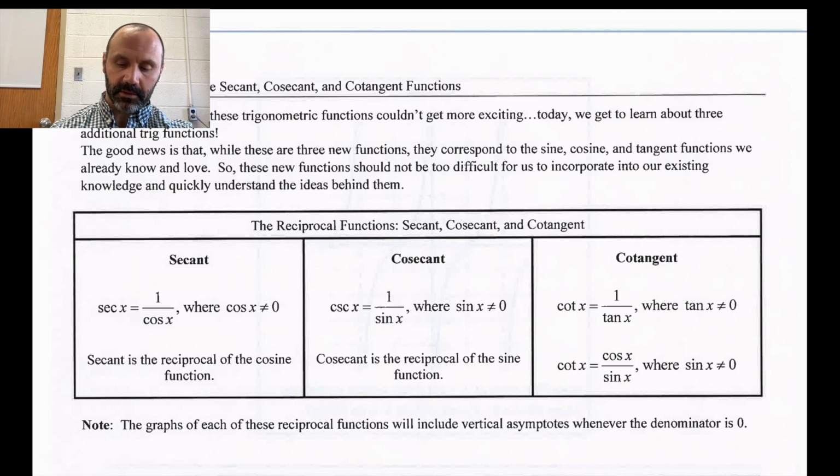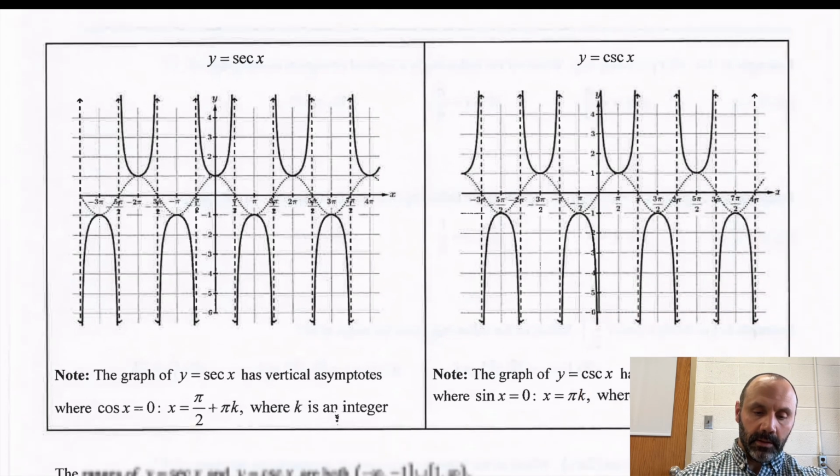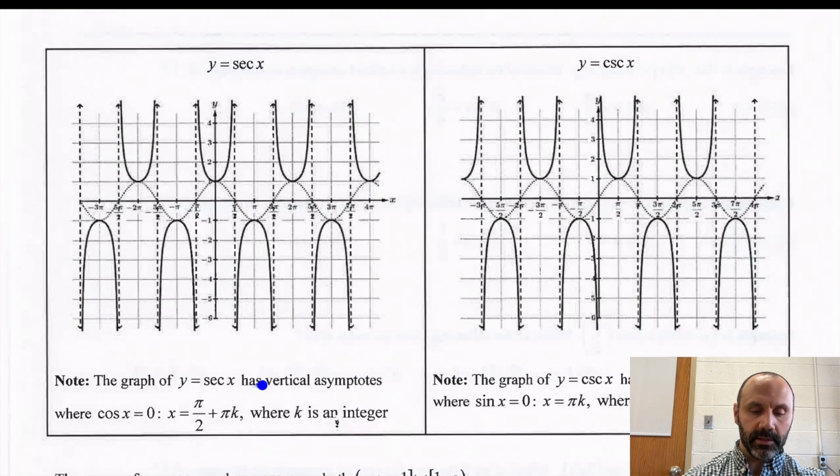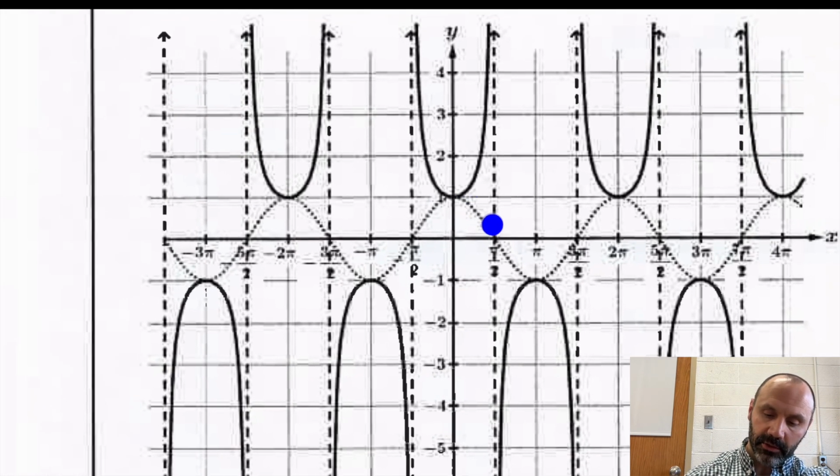So what do the graphs of these look like? Well, if we take a look at secant, secant is 1 over cosine. So you'll notice that in here, this is the cosine function, and then 1 over that. Well, this is just 1 over 1, and so it's 1.